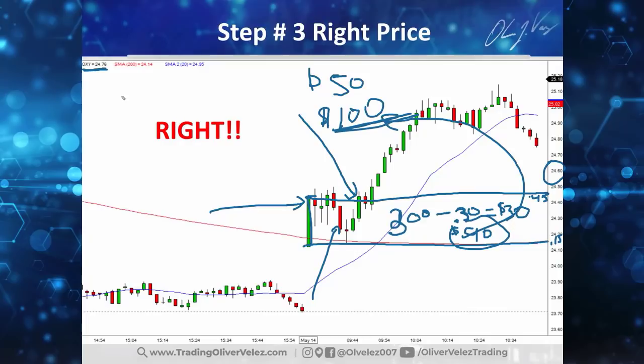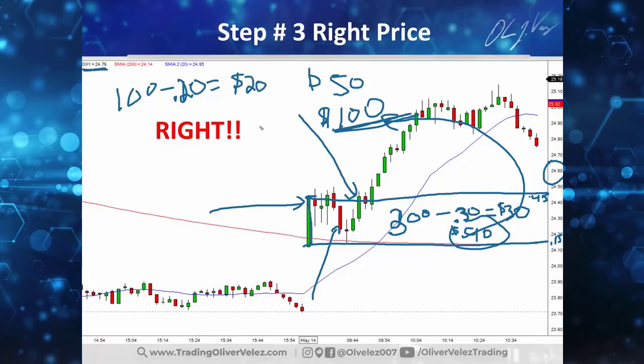If a solid bar is only, let's say, 20 cents, 100 shares would create a $20 loss.